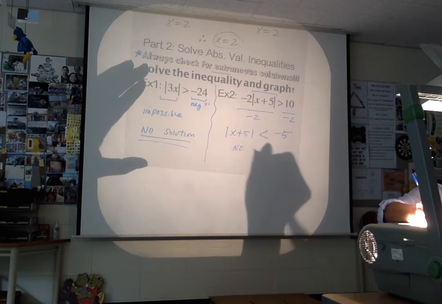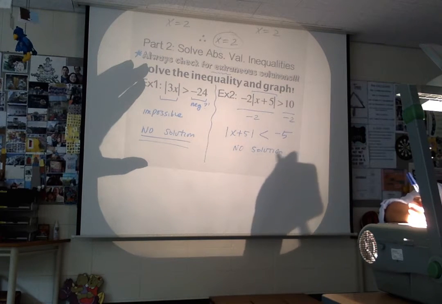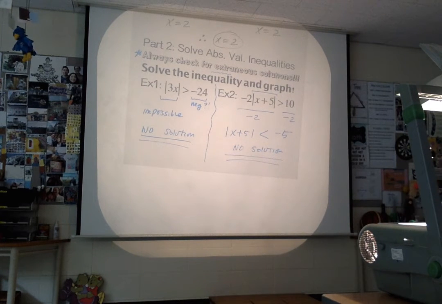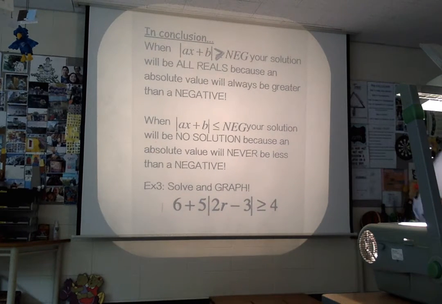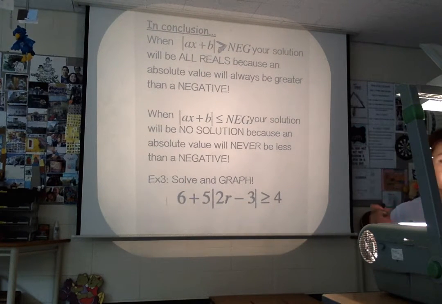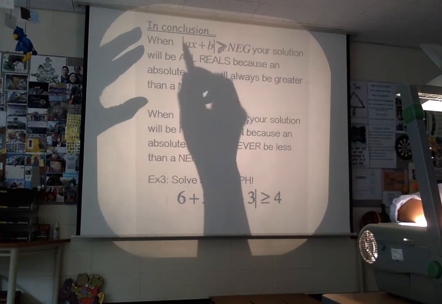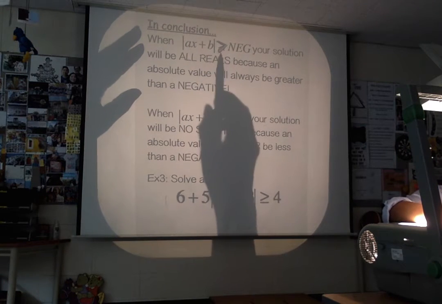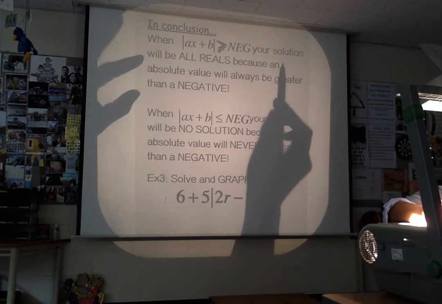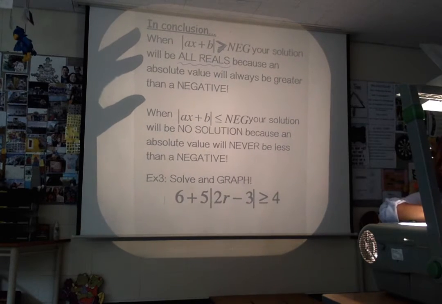So it's going to be no solution again. Don't even go any further when this happens, okay? So we're going to actually summarize what we just talked about. Go ahead and flip your notes to the next page. When you have an absolute value of ax plus b which is greater than a negative, your solution will be all real numbers.